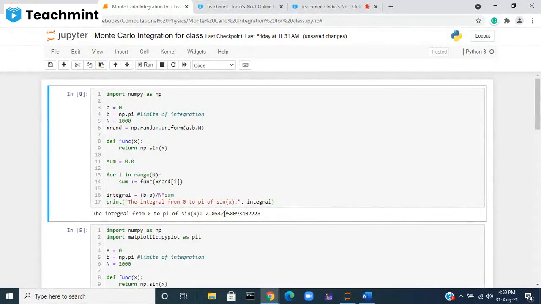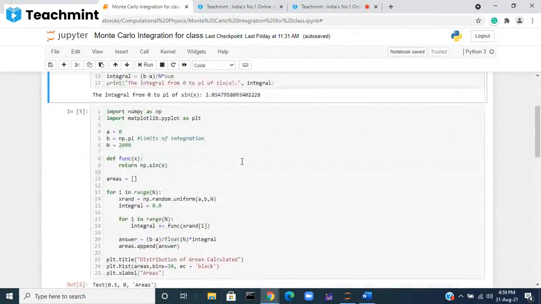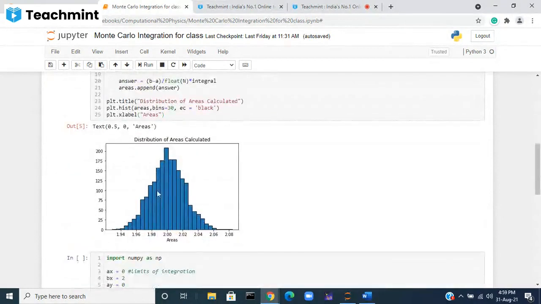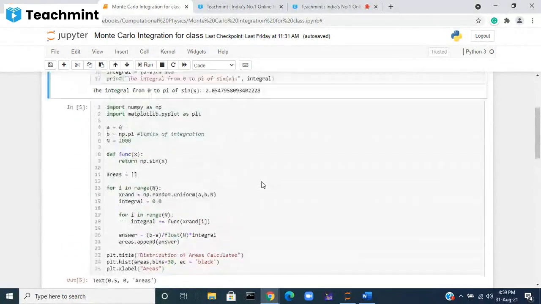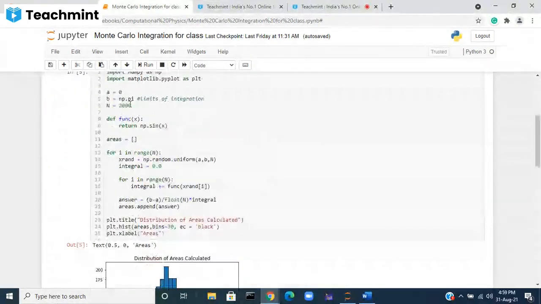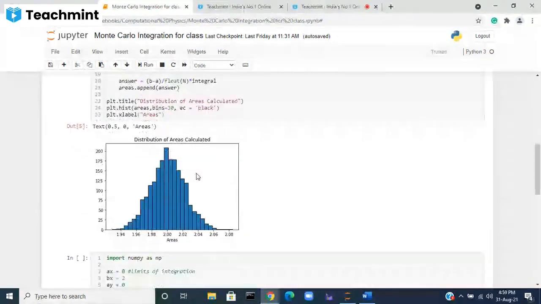So if we run this program 2,000 times and generate a histogram of the distribution of areas calculated, what do we see?